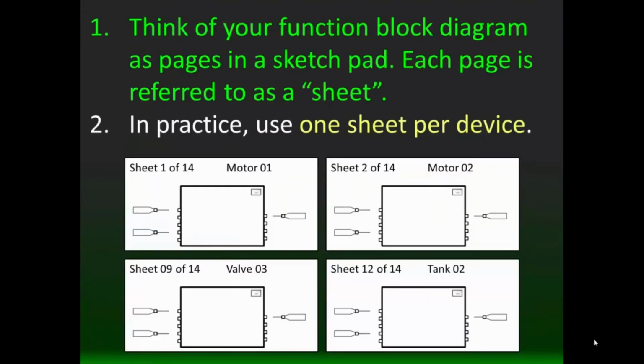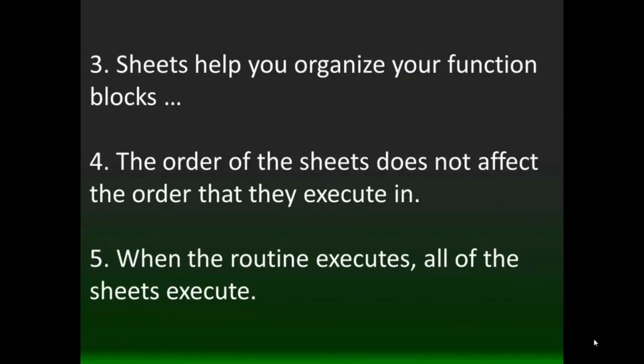It may take more than one sheet just for the oven ready, because the controls for the oven, the gas controls or electric, are a process in themselves. Sheets help you organize your function blocks. The order of sheets does not affect the order that they execute in. When the routine executes, all of the sheets execute.